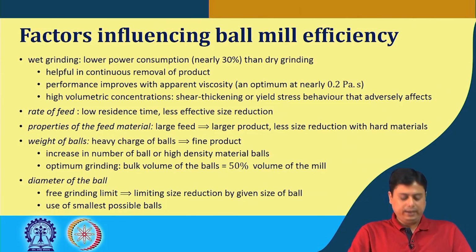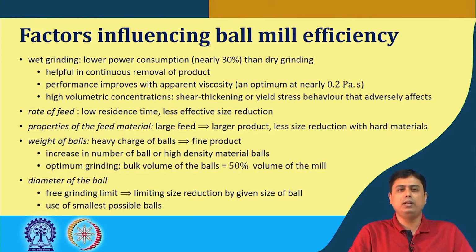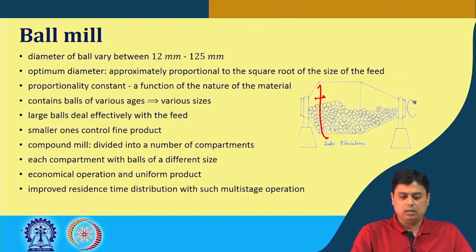There are several factors that influence the ball mill efficiency. Now, in order to reduce the power consumption, one of the popular ways to operate this ball mill is wet grinding, or the operation with some liquid. Here we need some liquid phase to flow the feed in terms of suspension.